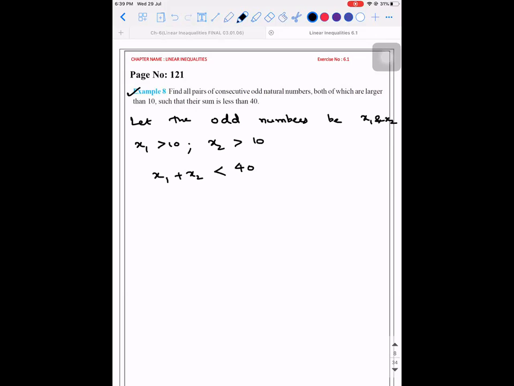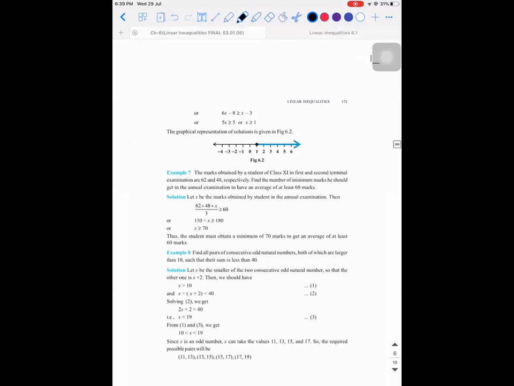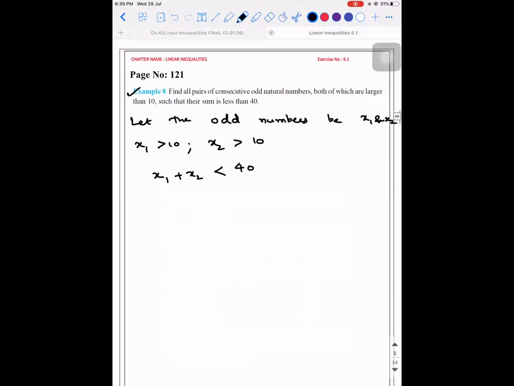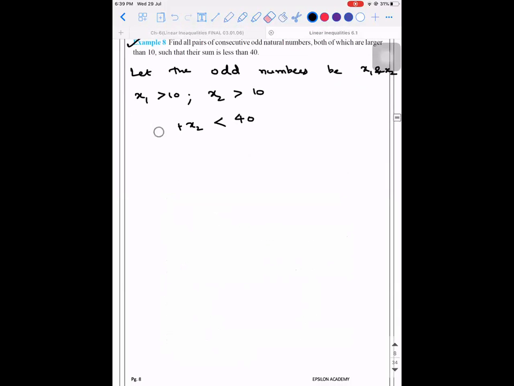Okay, so what can we do for this? I'll do it in two ways and show. If I take X1 to be greater than 10, what can be the second number? Suppose 1 is an odd number, what will be the next odd number? 3, right?